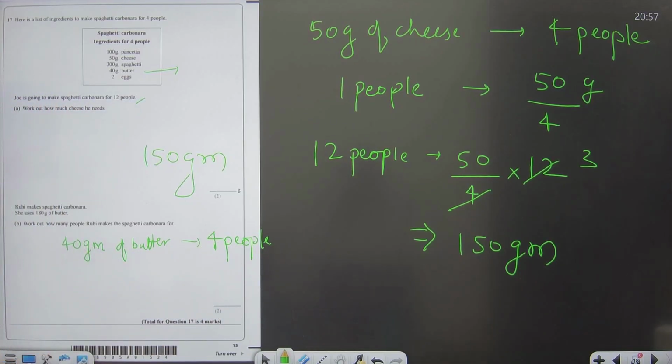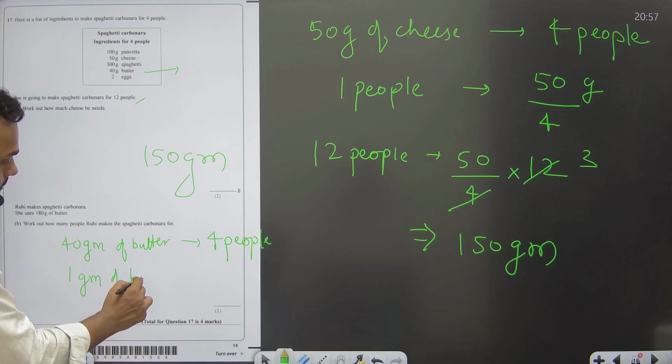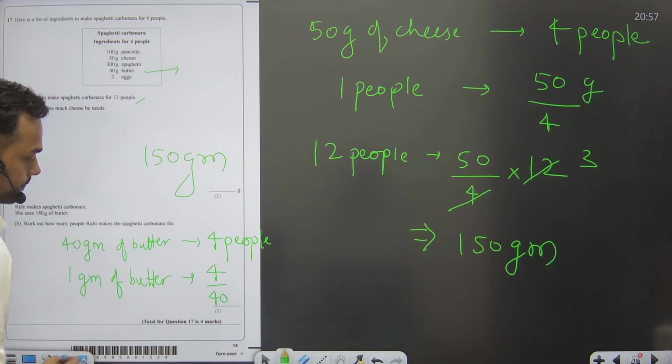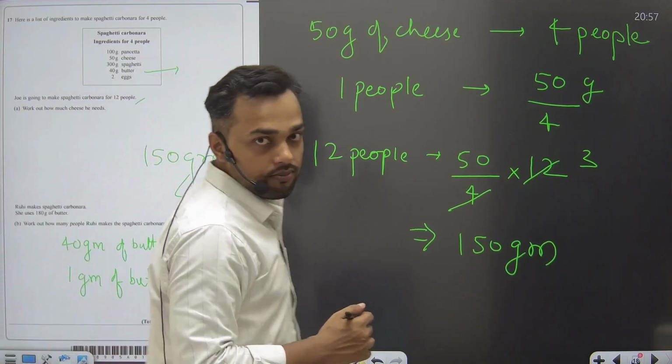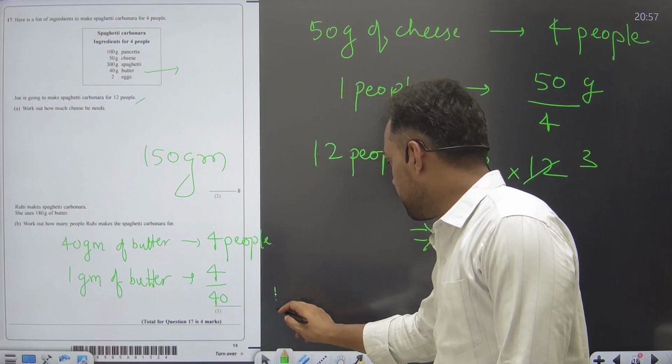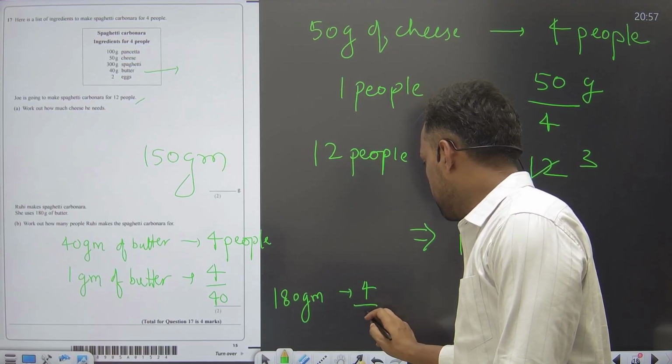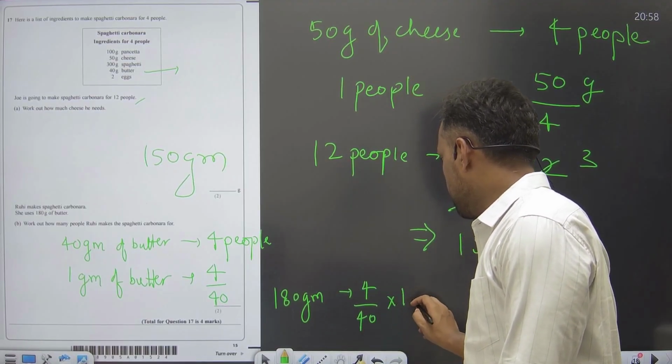So similarly for 180 gram, first we need to calculate for 1 gram of butter how many people are served. So for 1 gram of butter it will be 4 upon 40. So for 180 gram we are just applying the unitary method here. So for 180 gram it will be 4 upon 40 cross of 180.